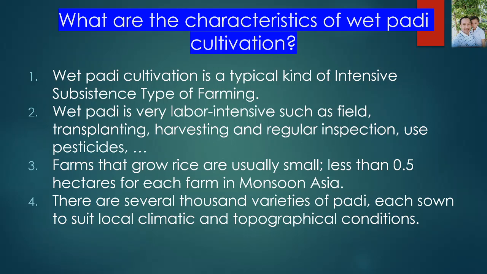And number three, farms that grow rice are usually small, less than 0.5 hectares for each farm in monsoon Asia. Through generations of subdivisions, many farms have become so tiny that it is no longer economical to run them.